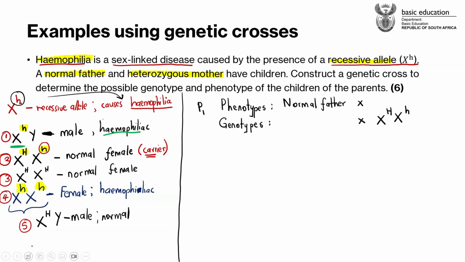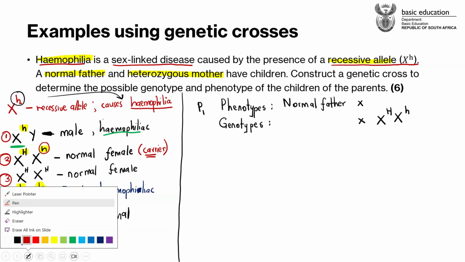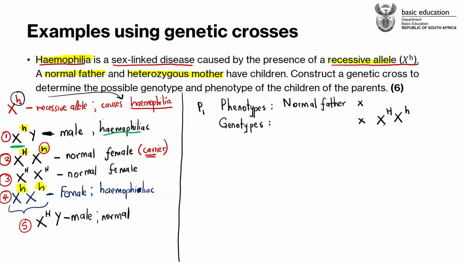That is what it means to be heterozygous in this context, because you're having a dominant allele on one X chromosome and a recessive allele on the other X chromosome. So this female is a carrier because she's not actually having the disease herself. She's not experiencing the symptoms of the disease due to this dominant allele. So she is still a normal female.